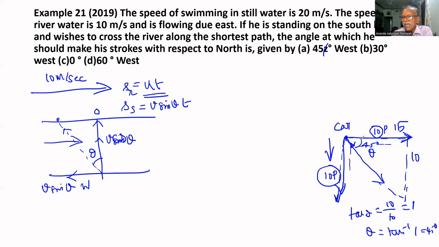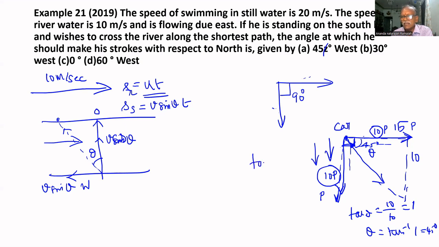Because the angle between these two is 90 degrees. I already told this in some other class. If two forces are perpendicular to each other, then any change in one will not affect the other, if and only if the angle is 90 degrees. They are independent. So if we change it to 15 people here and 10 people there, the angle will change, but the force along this direction will not change.